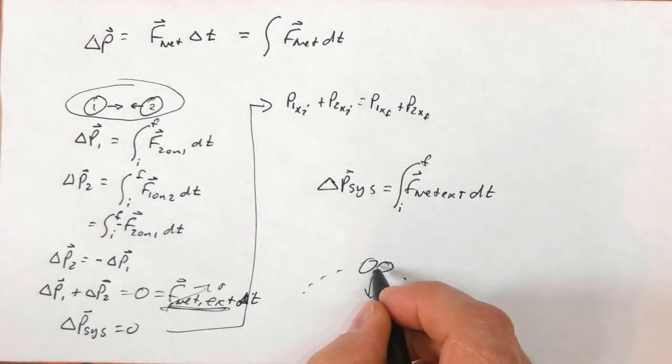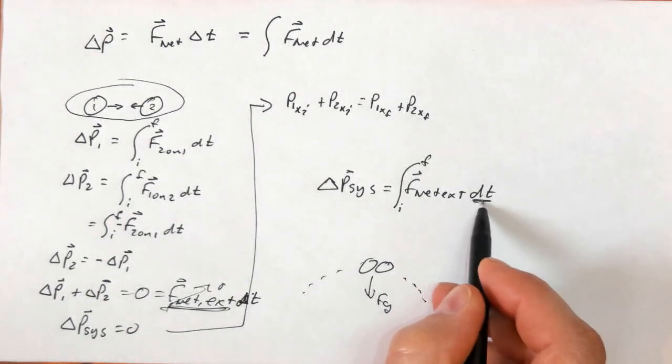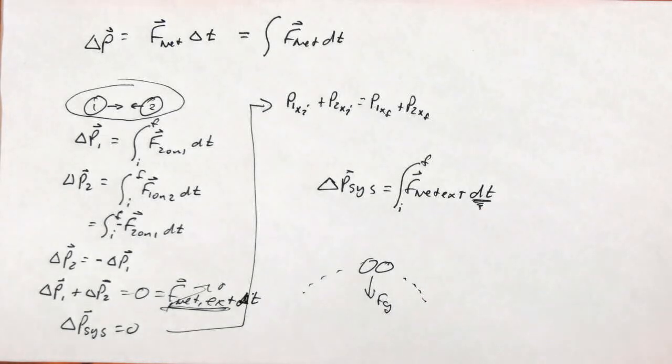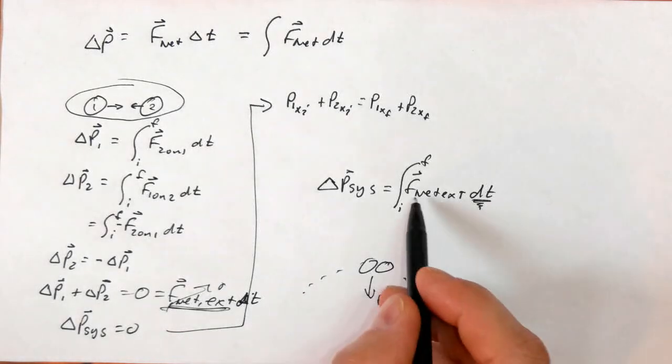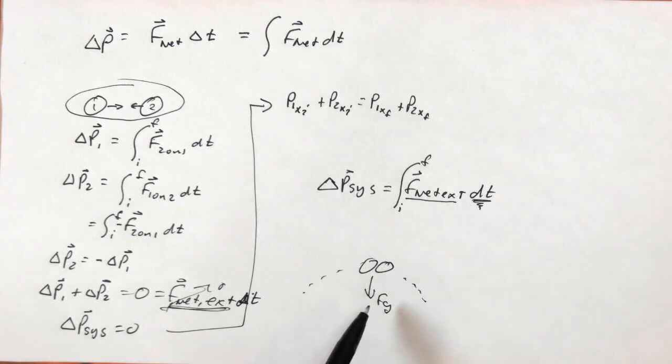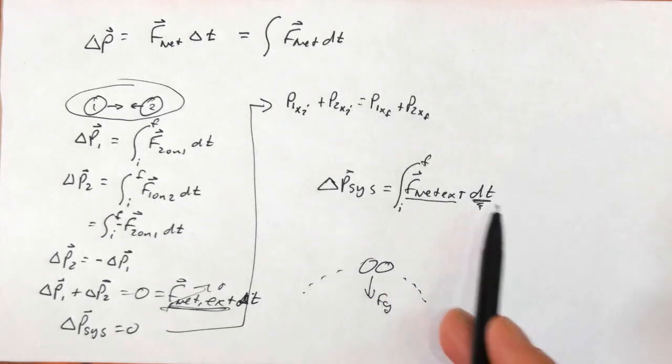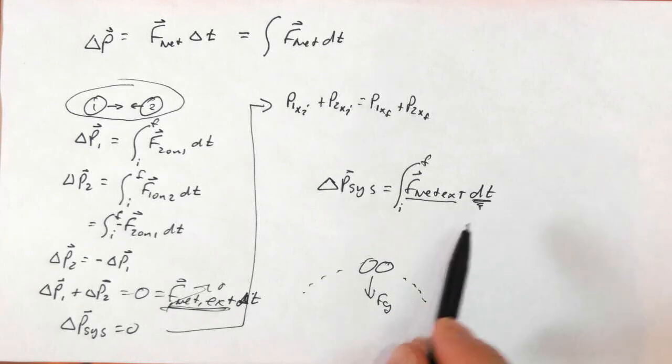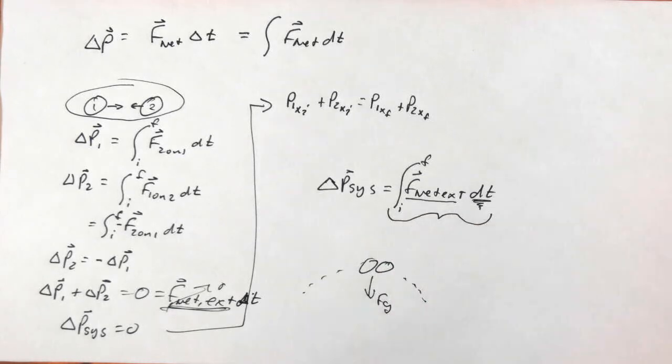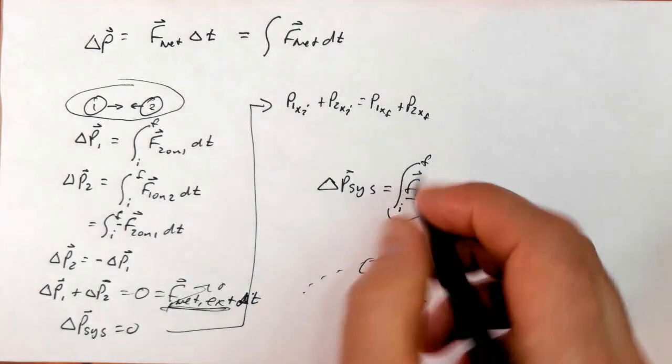But the time of collision is super, super small. When you throw two billiard balls up in the air, or two bouncy balls, the time that they're colliding is really, really small. And so this force of gravity, which would be an external force, though it's non-zero, is multiplied by a teeny, tiny value of time. This whole quantity, this external impulse acting on the system, is super small compared to the internal forces, such that we can neglect or ignore it.